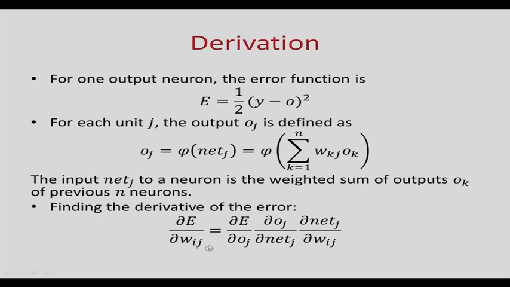The partial derivative with respect to wij, which is one specific weight, can be rewritten by the chain rule as del E by del Oj times del Oj by del net j times del net j by del wij, where net j equals sigma wkj ok and Oj equals phi of net j.